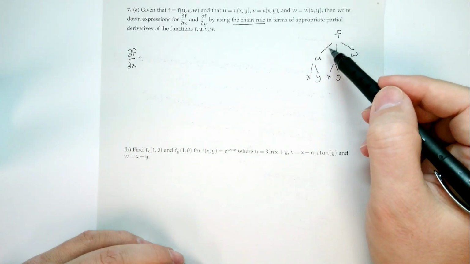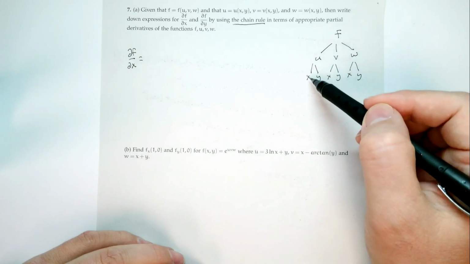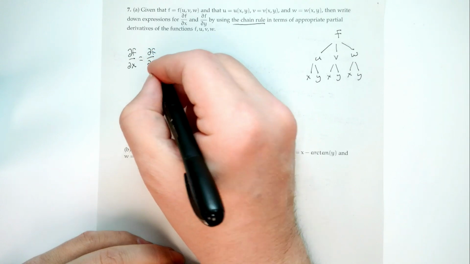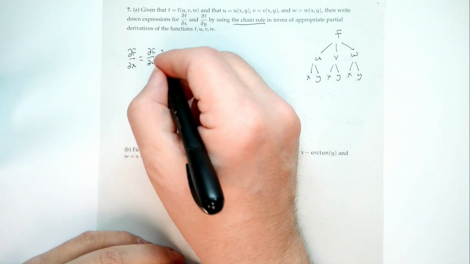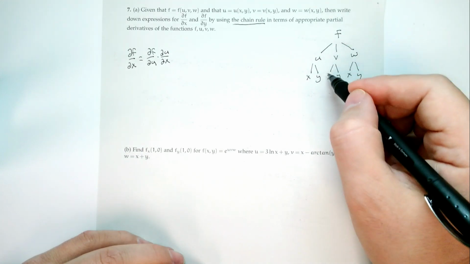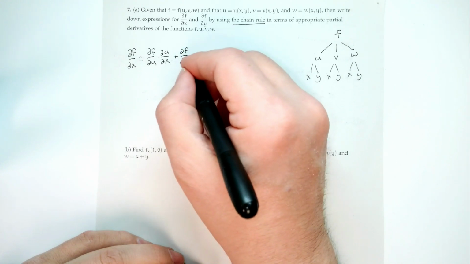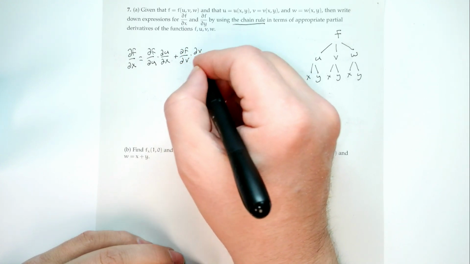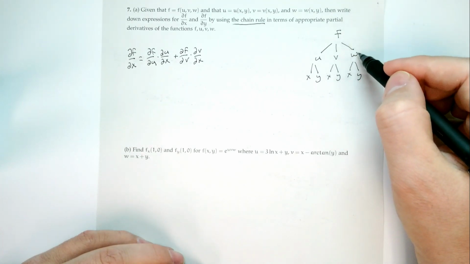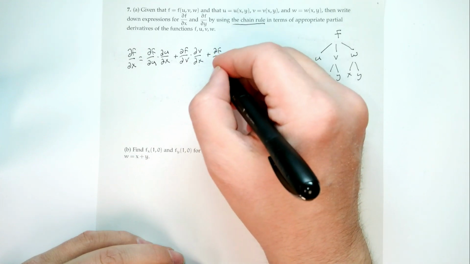So, in each step, there's a partial derivative. So, partial f, partial u, partial x. Now, partial f, partial v, partial x. This part is actually not so bad. It's just you got to be patient. Make sure you account for everything. Then here, finally, partial f, partial w, partial x.